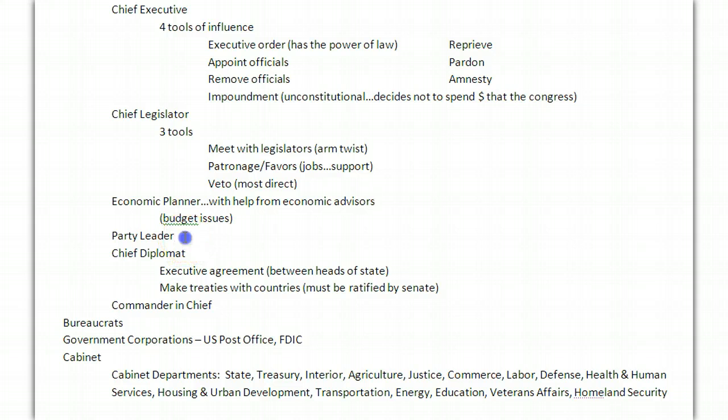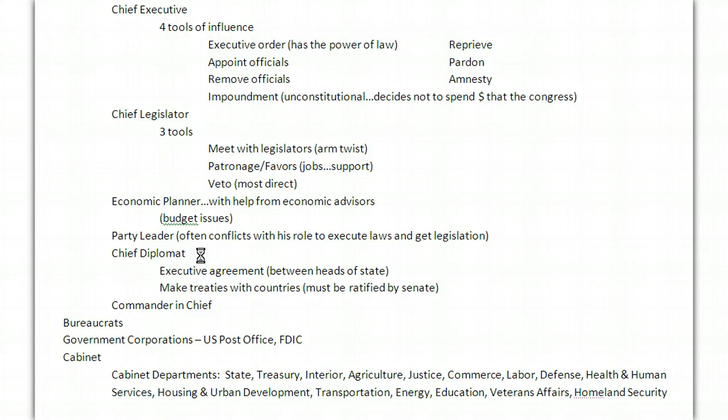And he's also the party leader, which often conflicts with his role to execute the laws and get legislation, because he has to work with both parties, and if he's the leader of one party, it's difficult to ignore the other party without creating some problems. So there's often a conflicting role. It puts him in a tough position.